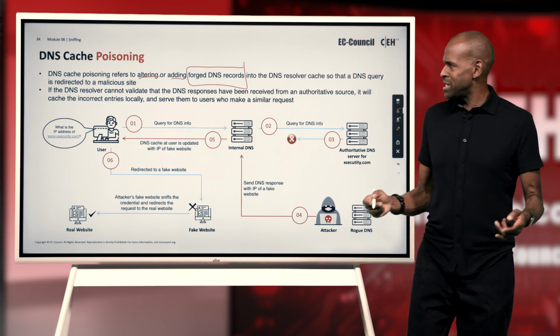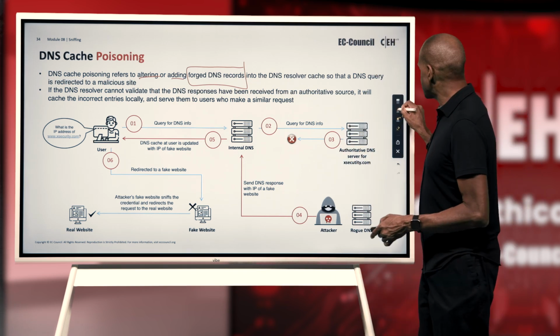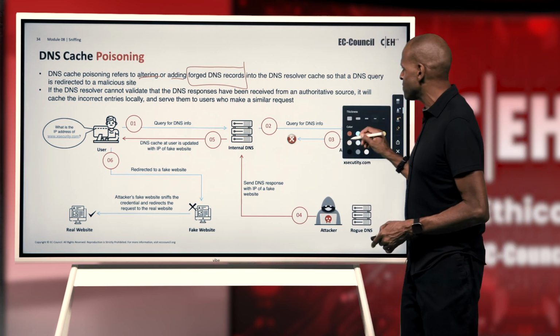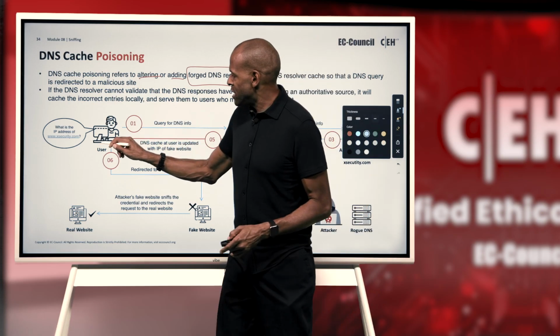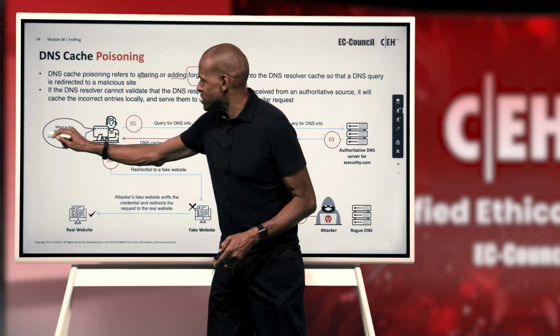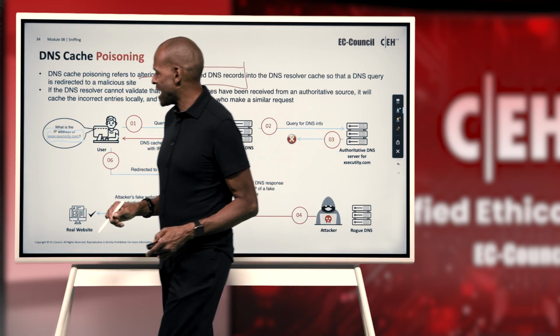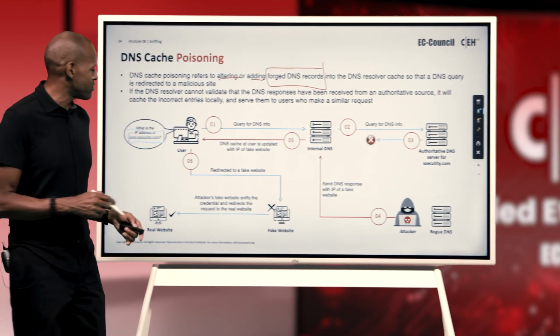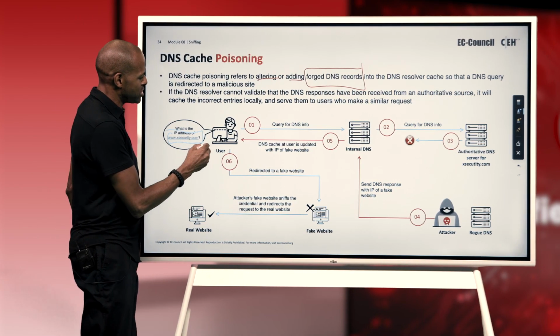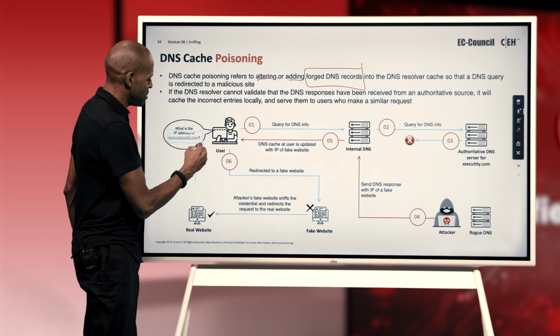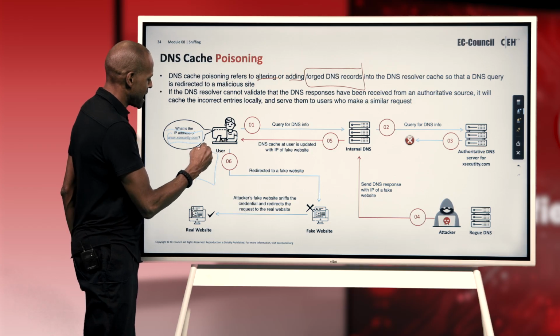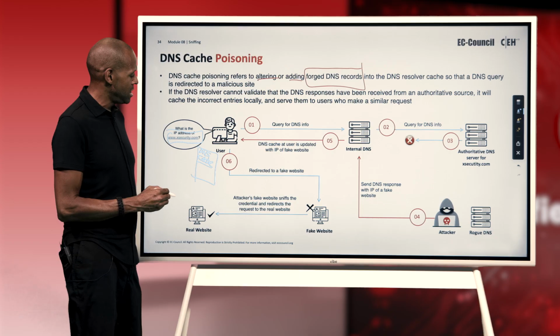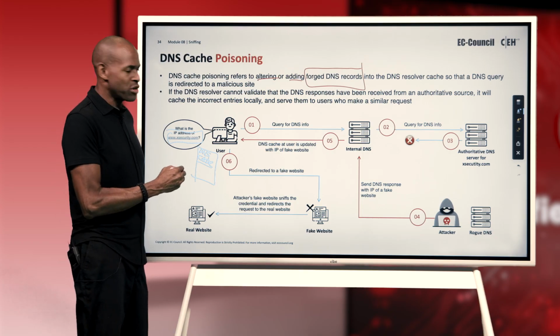Well, let's talk about how DNS works. So in general, what's going to happen with DNS is a user is going to want to get to a resource, www.xsecurity.com. So they want to get to this resource. The first thing that it's going to do is it's going to go into the local DNS cache. It checks the DNS cache to see if that entry is in there.